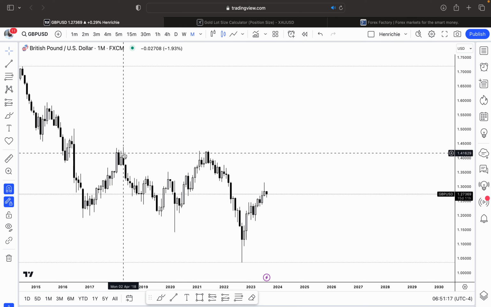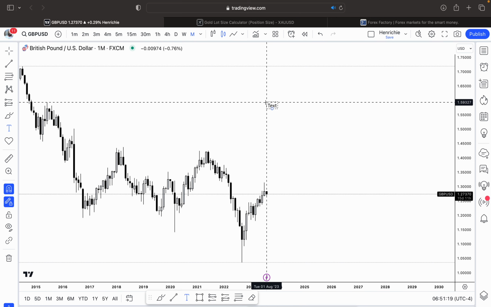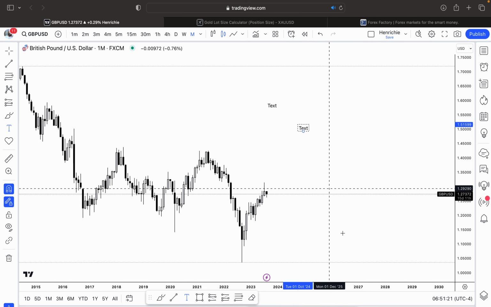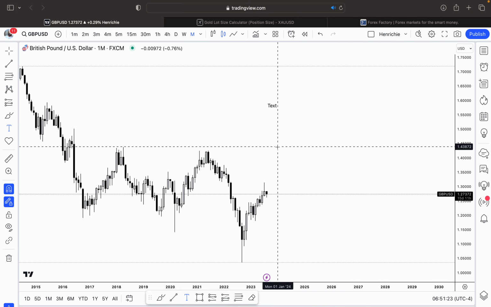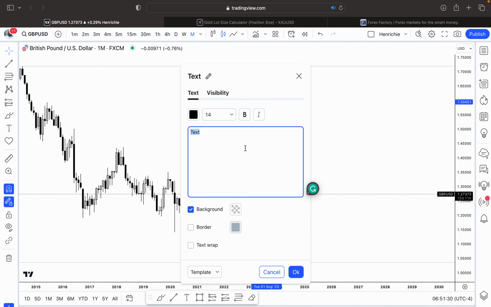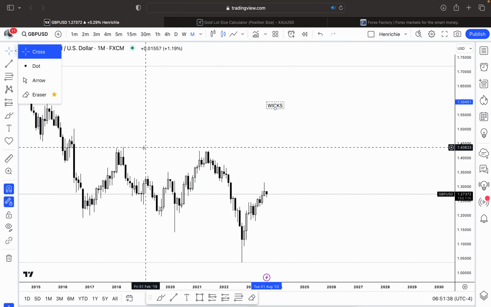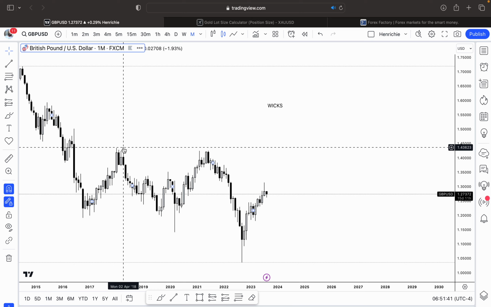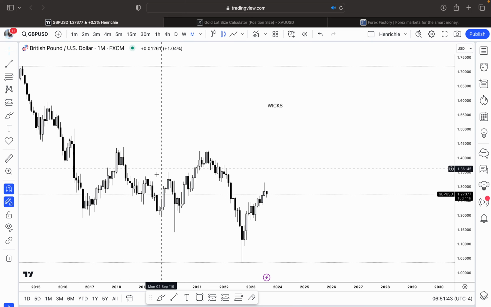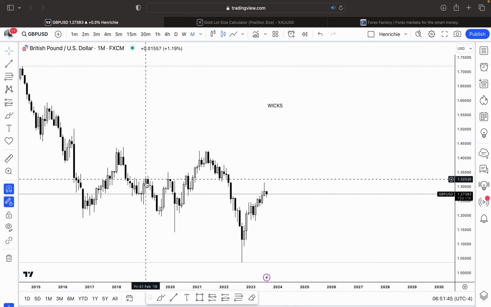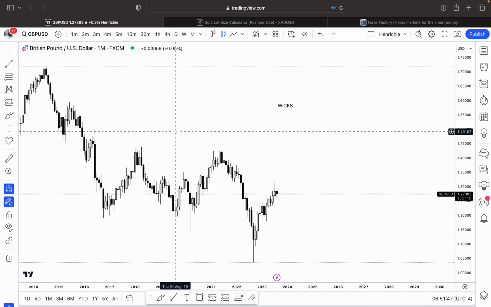I'm going to write it on the chart. These are called wicks. Wherever you see this, just know that's a wick. Wherever you see these ones, they are called candlesticks.